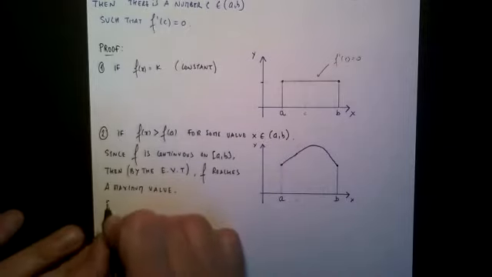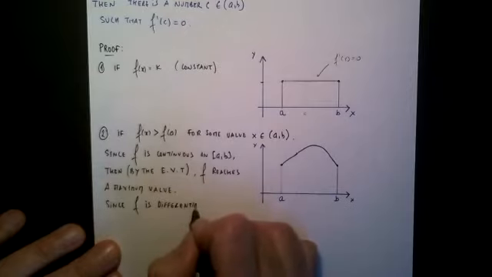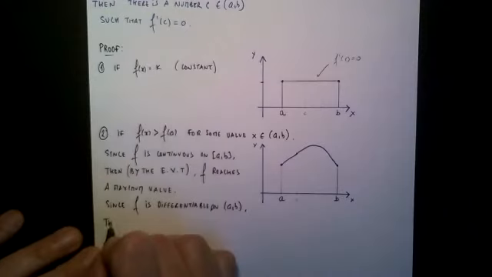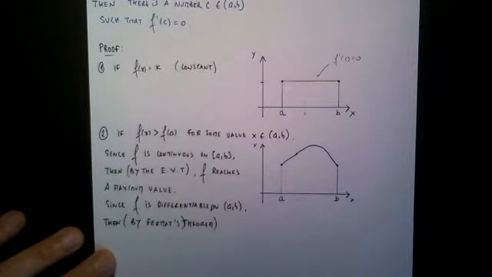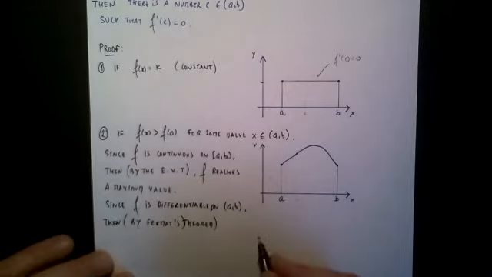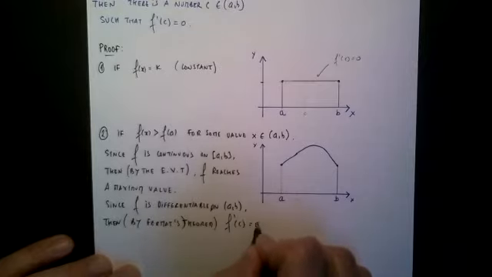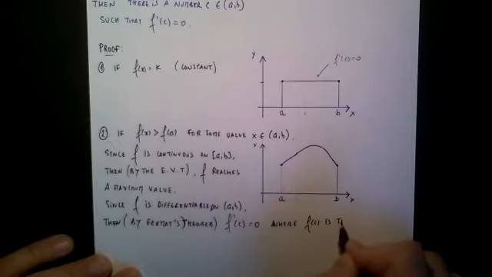And also, since f is differentiable, so the derivative exists, then on (a, b), by Fermat's theorem, which we wrote the other day also, f prime of c is equal to 0, where f of c is the maximum.